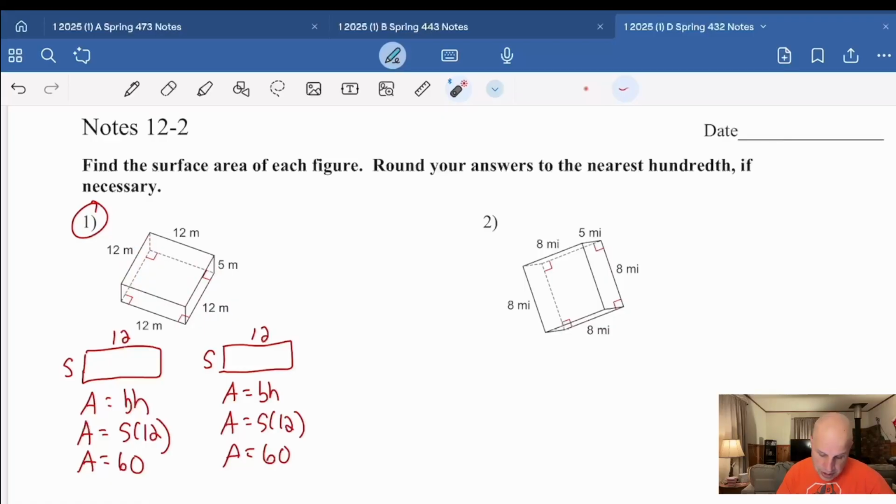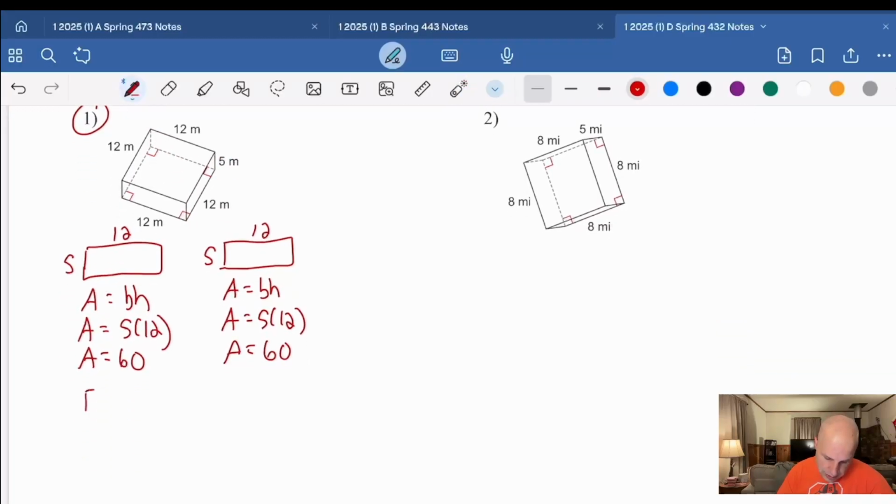Let's do the same thing with the rectangles in the front, this one here, and the back, this one here. Again, you can see that the dimensions are 5 by 12. This 5 here refers to this height between the 2 bases, and that's going to be the same all the way around. So this rectangle here is also 5 by 12, and this one here will be 5 times 12.